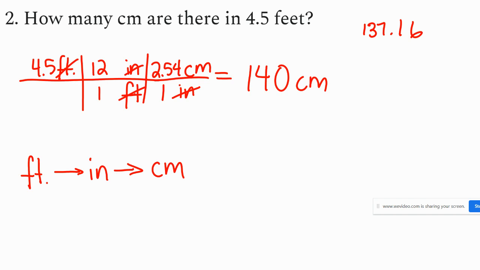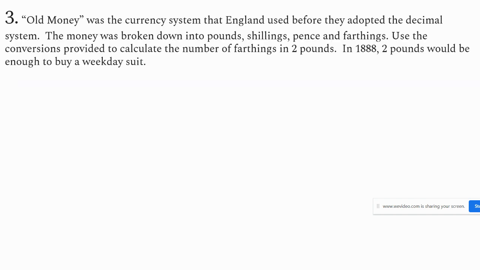Number 6, there's 3. 7, there's 3. So it just varies. You've got to look and see what the measured amount was. All right. Everybody cool with number 2? We'll move on. Okay. So number 3 then, we are going to be looking at money.